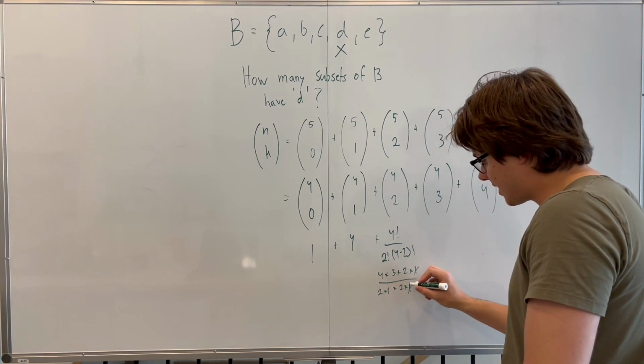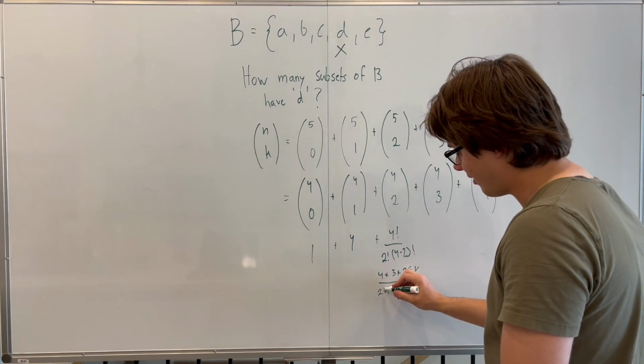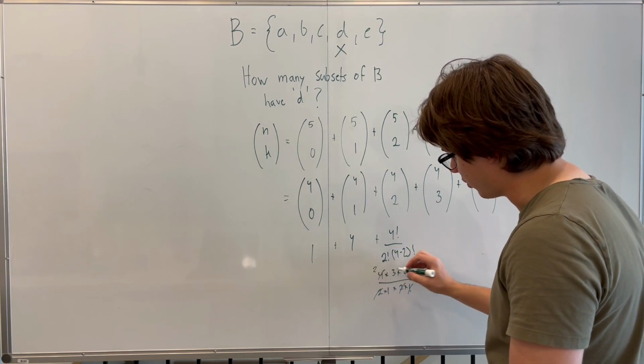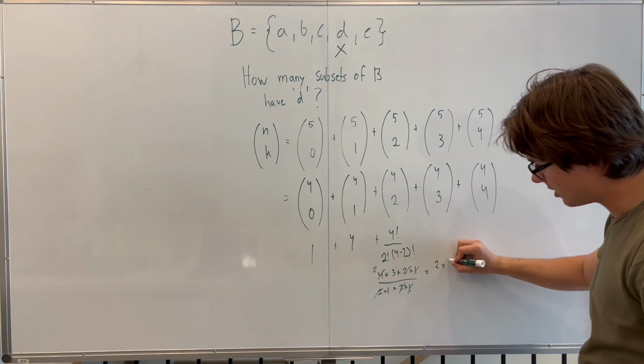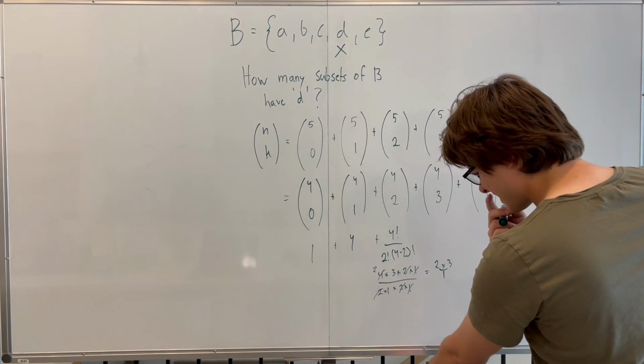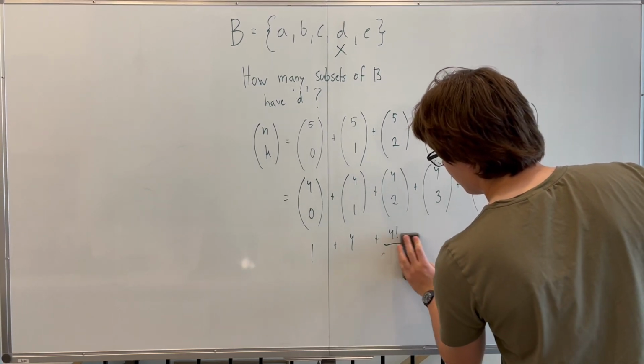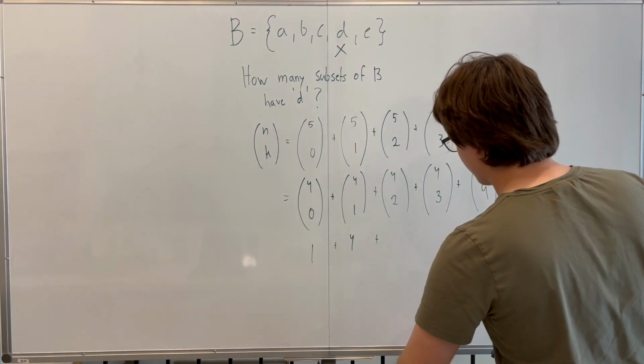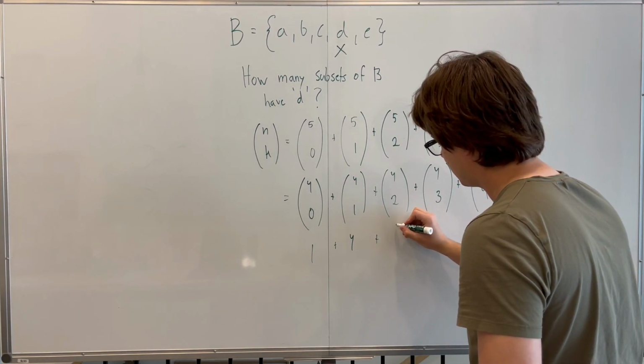We notice the 1's cancel, the 2's cancel, and this 2 can simplify this 4 to a 2, so we're getting 2 times 3 over 1, which is just going to be, in fact, 6. Yes, that's going to be 6. So we got 1 plus 4 plus 6.